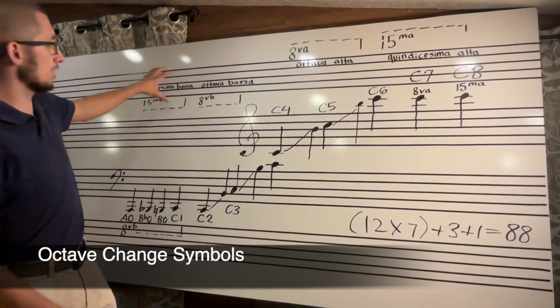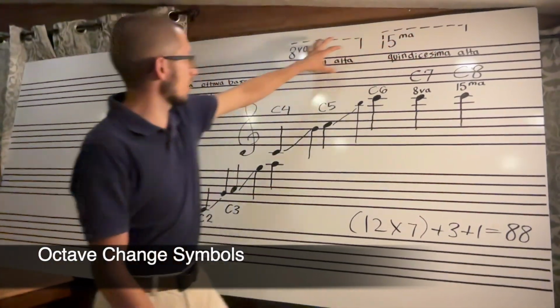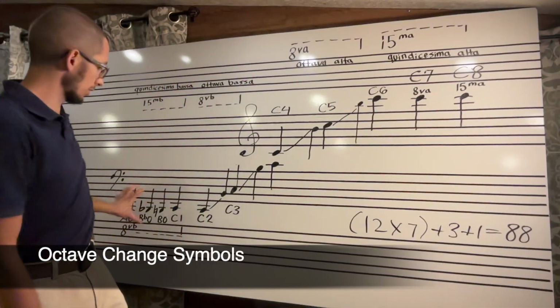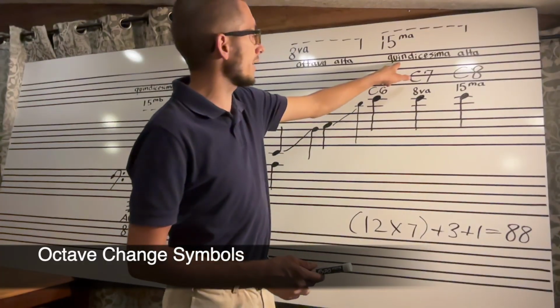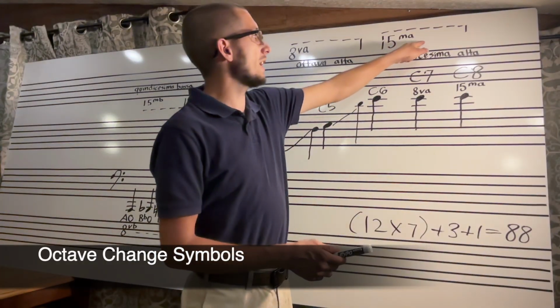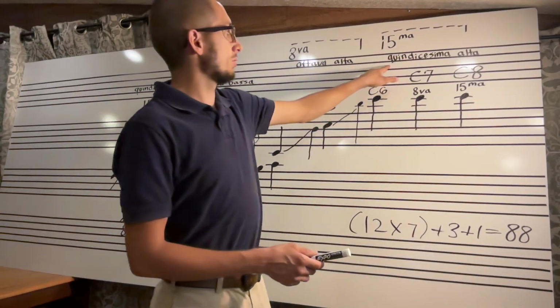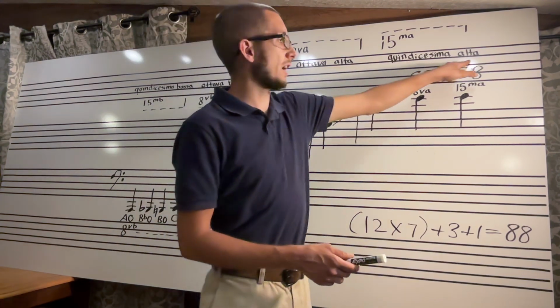Now, if you notice, we also have some symbols up here at the top that we need to go over in order to fully understand this diagram. Starting up here at this symbol right here, 15MA, also referred to as quindecima alta.